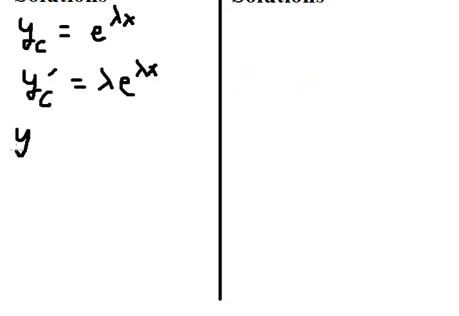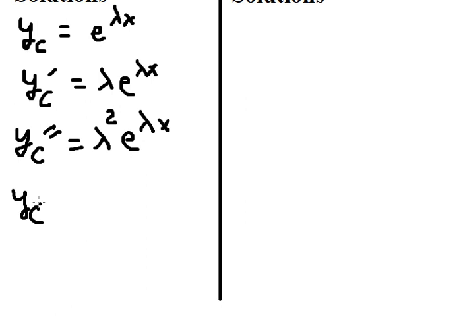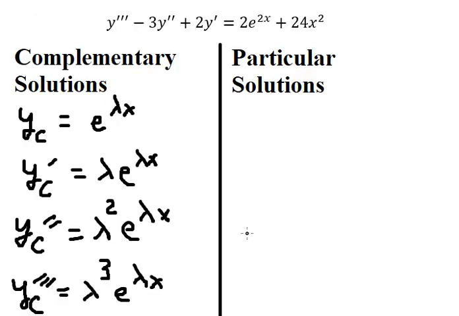Now we go to the second derivative of yc, and we have lambda square e to the power of lambda s. And the third derivative of yc, we have lambda to the power of 3 e to the power of lambda s.